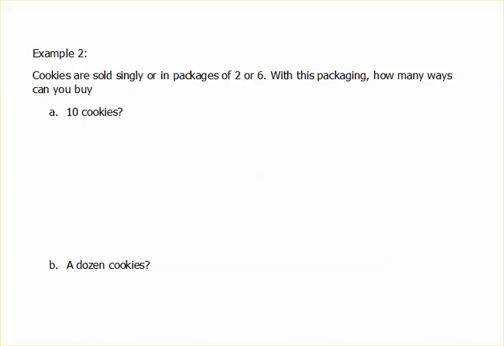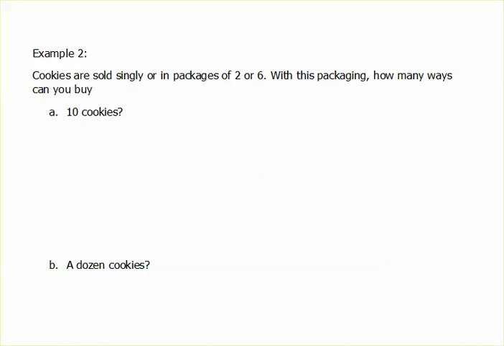Okay, so we are buying cookies. We can either buy them alone, in packages of 2, or packages of 6. So we want to know how we can arrange this so that we can buy 10 cookies. How many ways could we do that?